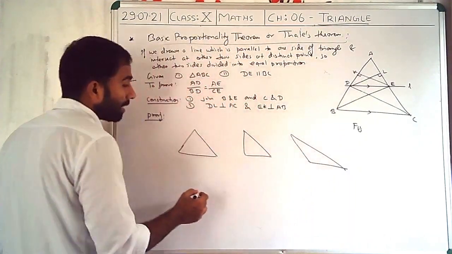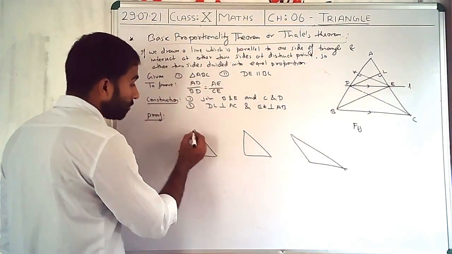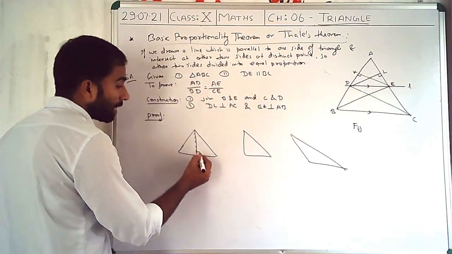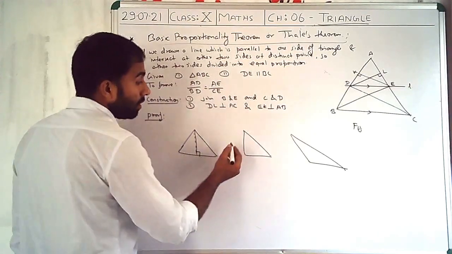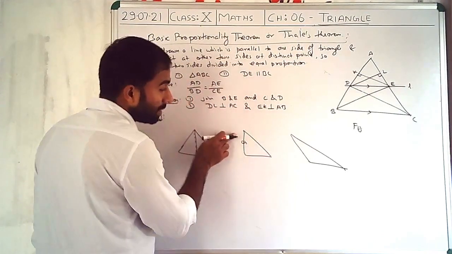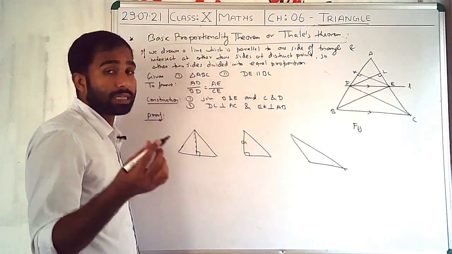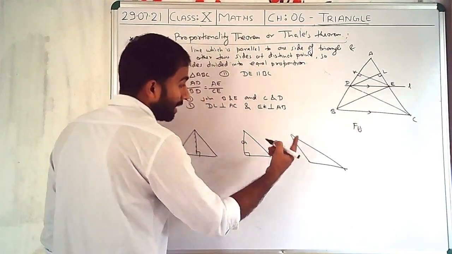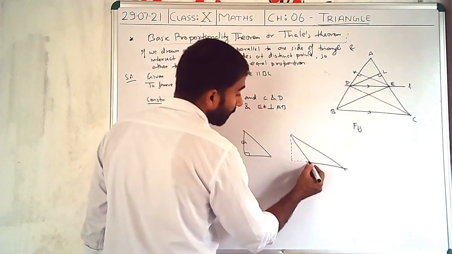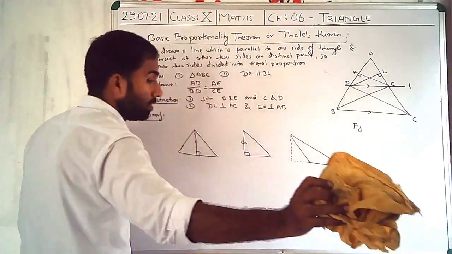In these 3 triangles, the positions of altitudes are different. In an acute angle triangle the altitude is inside, in a right angle triangle the altitude is on the side. It means the perpendicular is our base. Both can be considered as altitude in a right angle triangle. In an obtuse angle triangle, one altitude will be outside. Okay, so these are the situations. Now come to the proving.